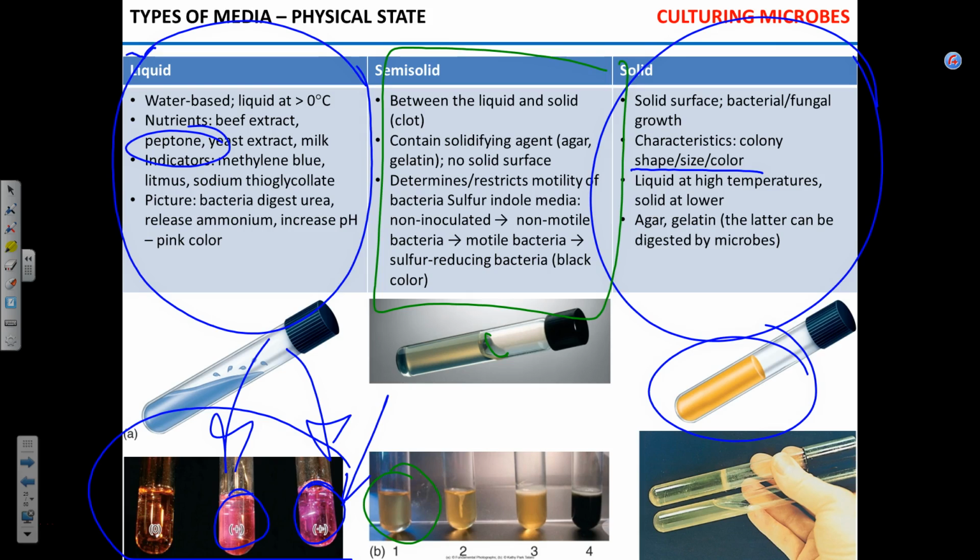Now, we take a needle. This is not a needle, but imagine it is, and pierce the medium through. What happens? Microbes that cannot move stay at the site of inoculation. See that trace here?